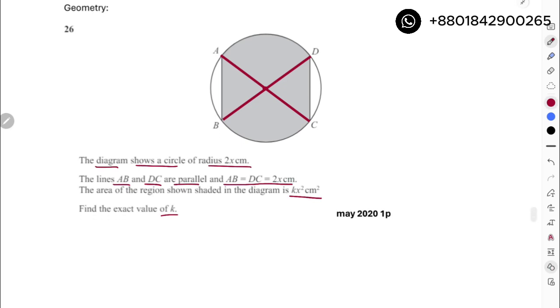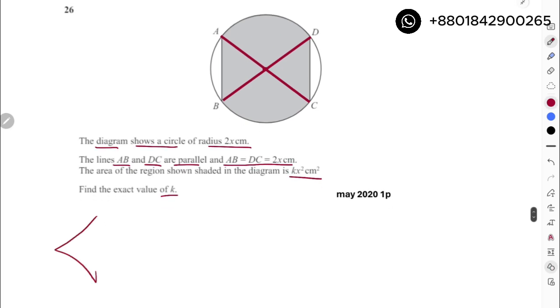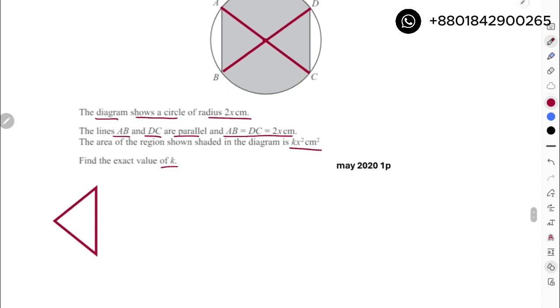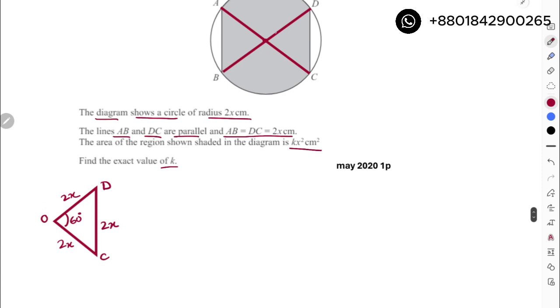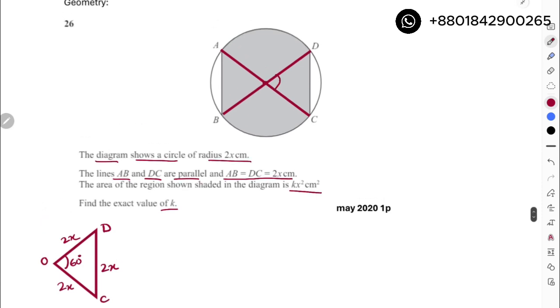If you focus on ODC, considering obviously that O is the center of the circle, D, O, C, this is 2x, this is one radius, that is 2x, another radius 2x. That means this is a complete equilateral triangle, not isosceles. If this is an equilateral triangle, obviously the angle over here is going to be 60 degrees.